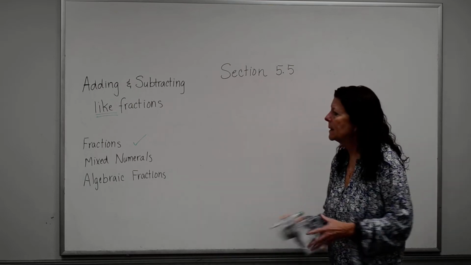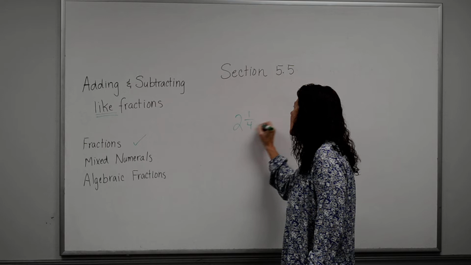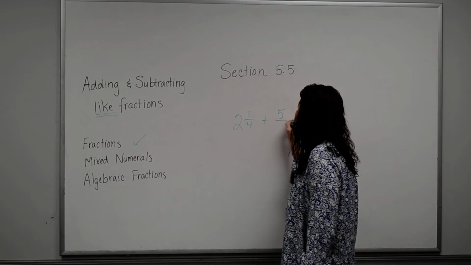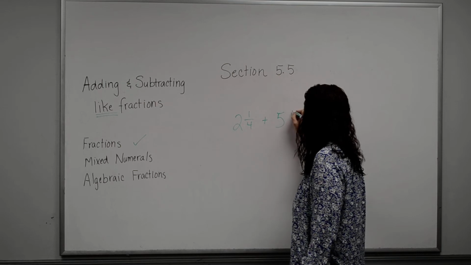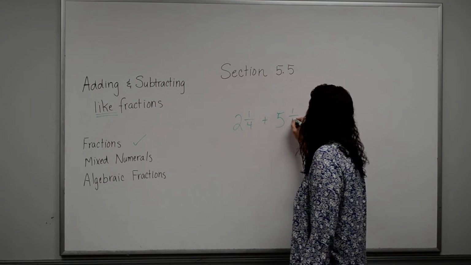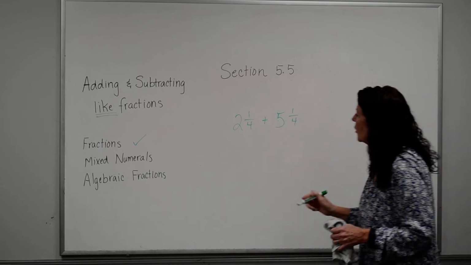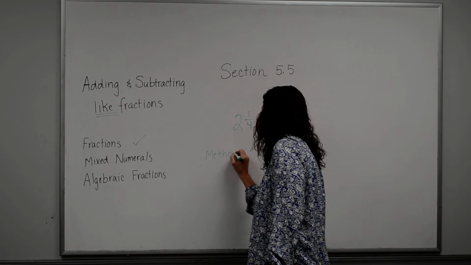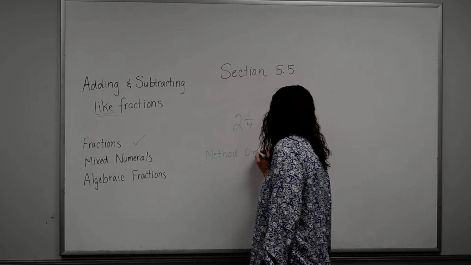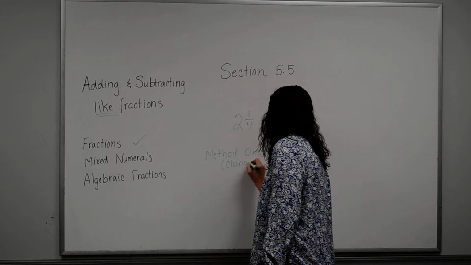But sometimes you have mixed numerals that you're adding. So let's say I have 2 and 1/4 plus 5 and 1/4. Okay, there are two different ways to do this problem. The first way, method 1, change to improper fractions first.